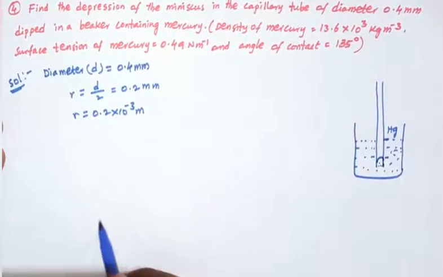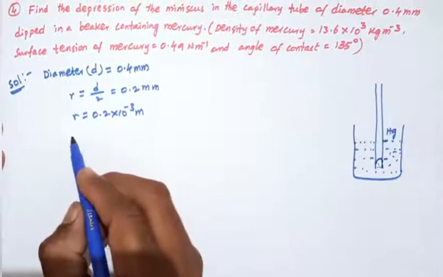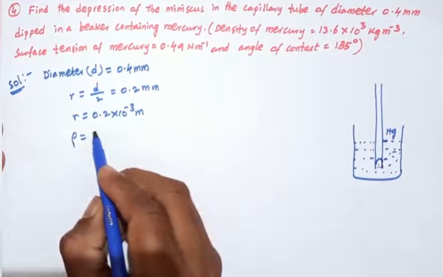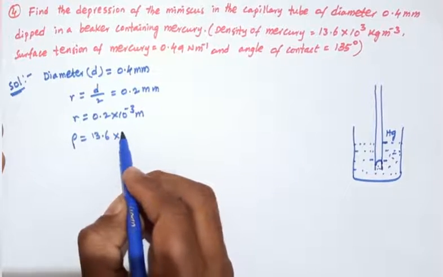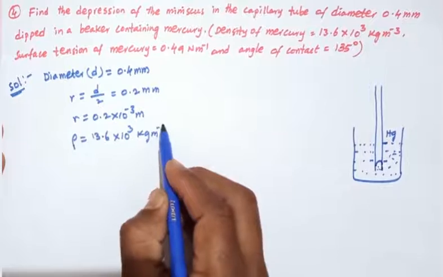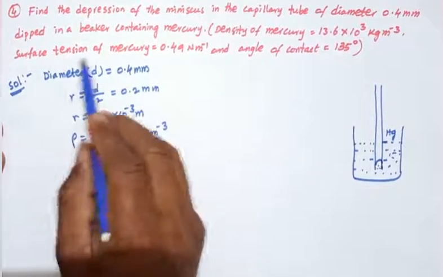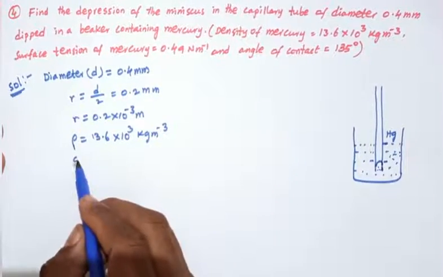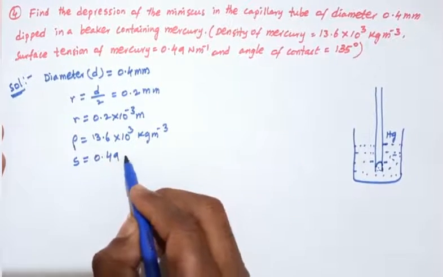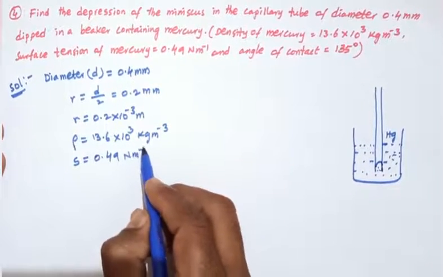Okay, diameter is given, so density of mercury rho equals 13.6 into 10 to the power of 3 kilogram per meter cube. Surface tension of mercury S equals 0.49 Newton per meter.